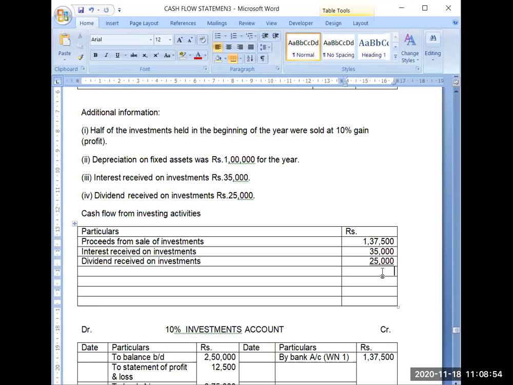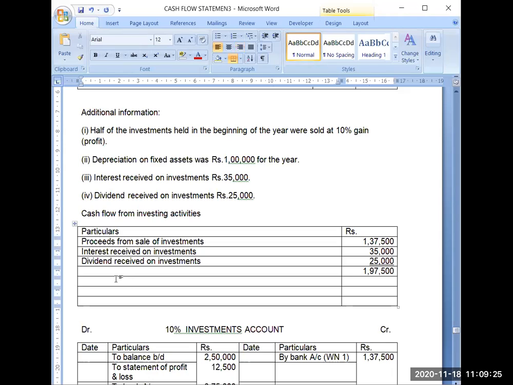So the total inflow is 35 plus 5, 40 plus 20, 60. Then 97,500, 1,97,500. Yes.